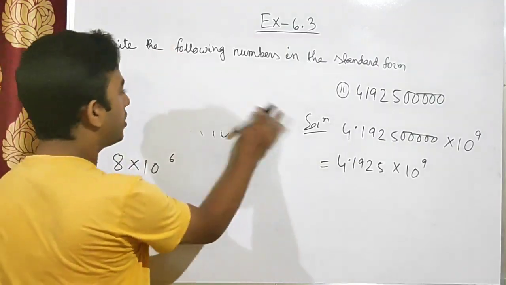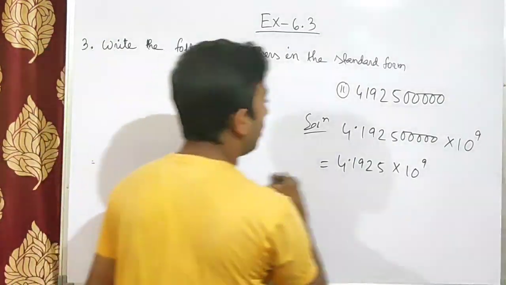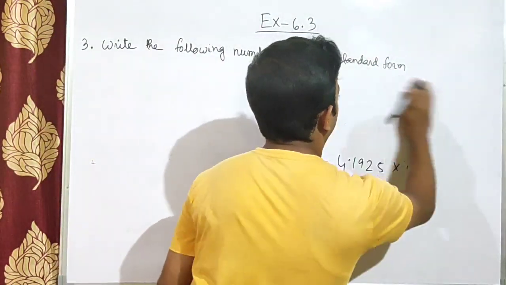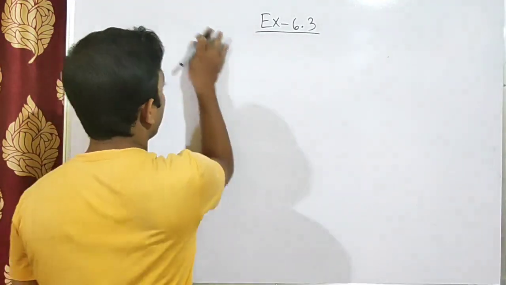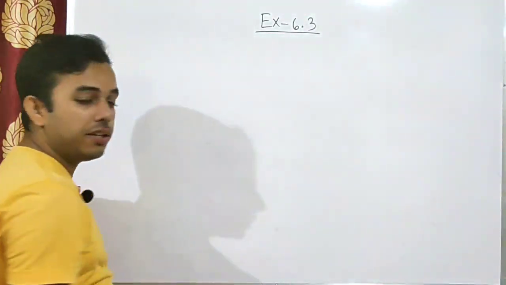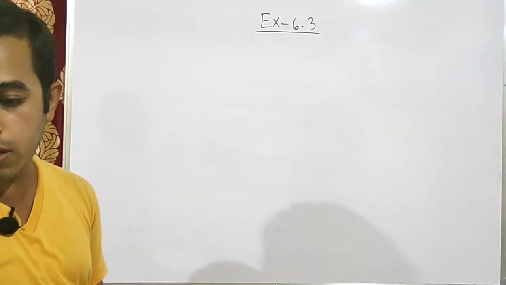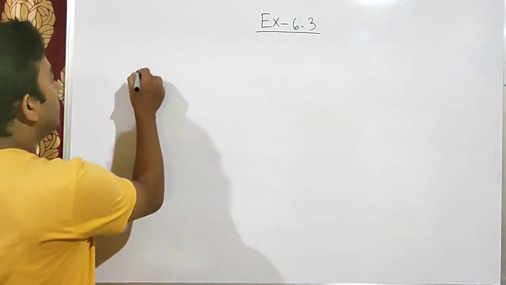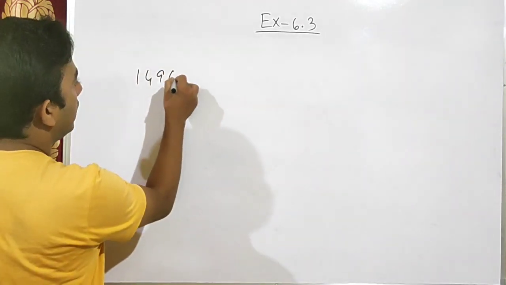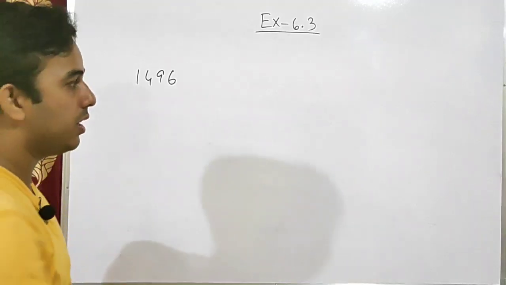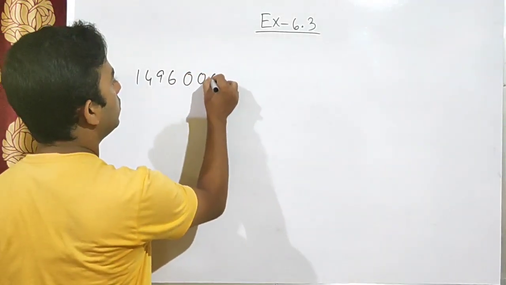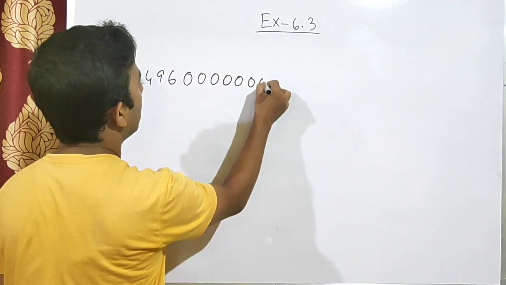No need to write the question, because it is already a long class, so let's directly solve the answer. Here the distance between the earth and the sun is how much? 1496. After 6, how many zeros? 1 2 3 4 5 6 7 8, 8 zeros.